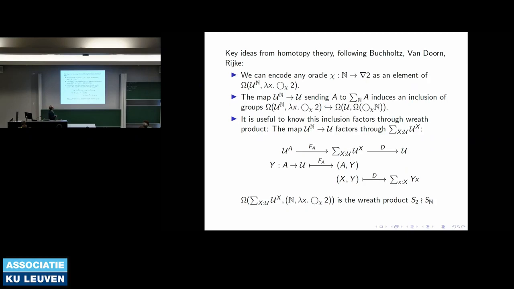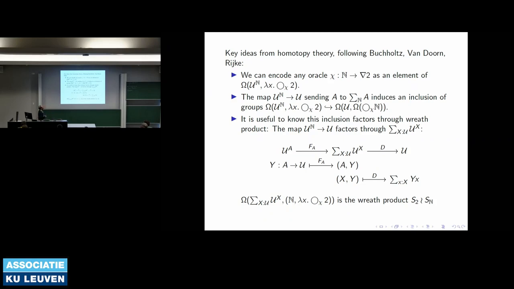And then from HoTT, we use this characterization of groups by Buchholz, Van Doorn, and Rijke. So I've convinced myself that any proof of this is going to have to use a Riesz product, either implicitly or explicitly, and in HoTT we have a very nice description of Riesz product.